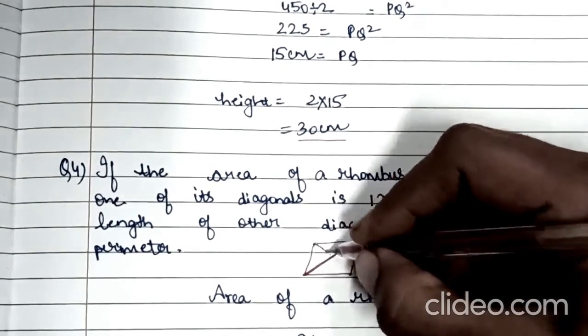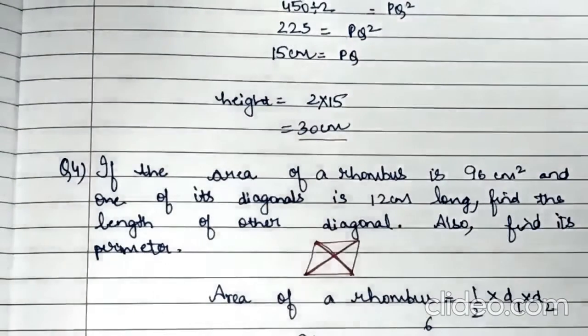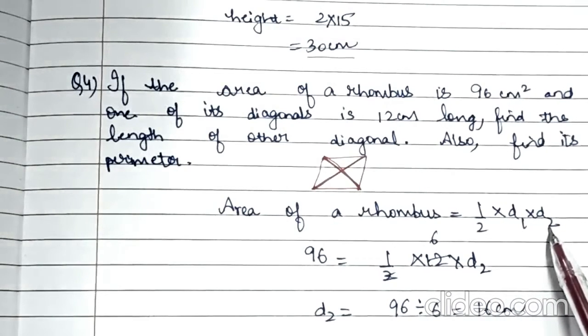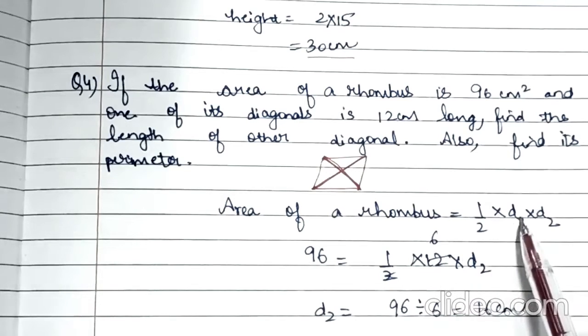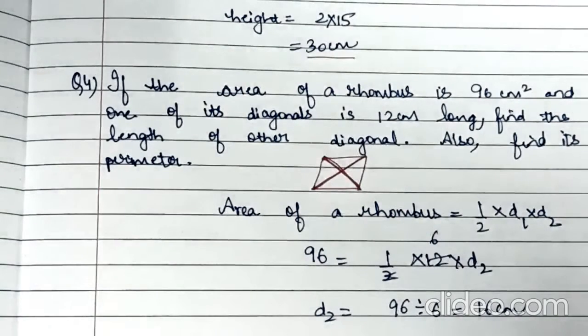We have to find the length of the other diagonal. Also we have to find the perimeter of the rhombus. Now area of rhombus formula is half into D1 into D2, that is product of the diagonals. Now first diagonal is given to us, that is 12. So on putting value, simplifying, the second diagonal will be 16 centimeter.